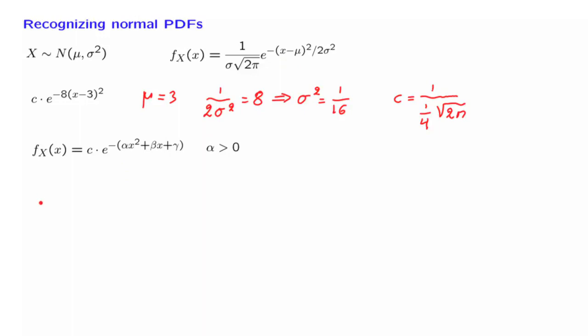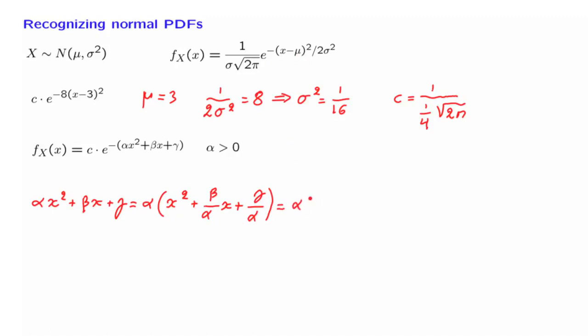And the trick that we're going to use is the following. We will focus on the term in the exponent, which we rewrite this way. We take out a factor of alpha, and then we will try to make this expression here appear like a square of this kind, like a perfect square.